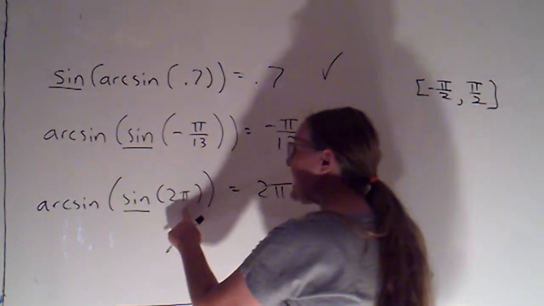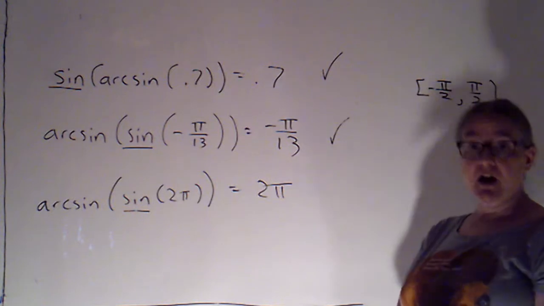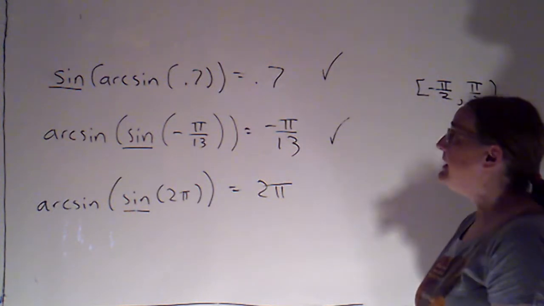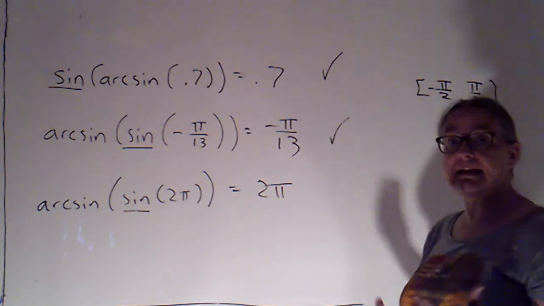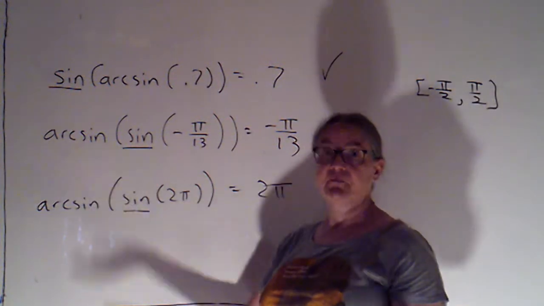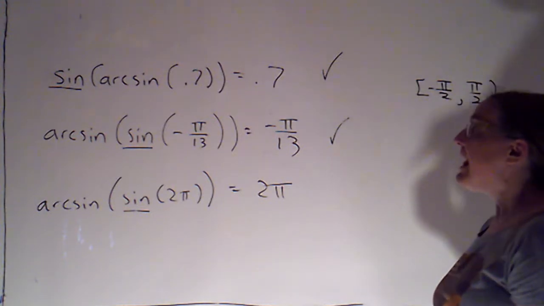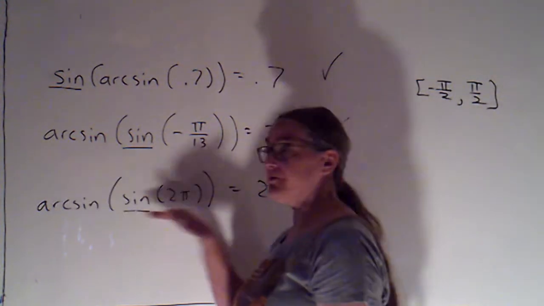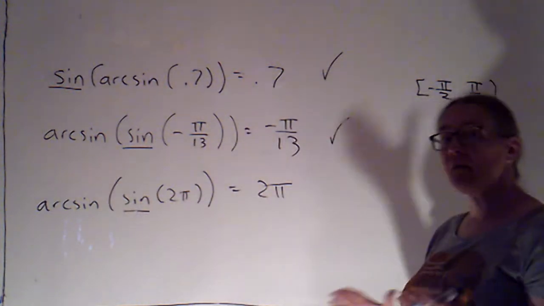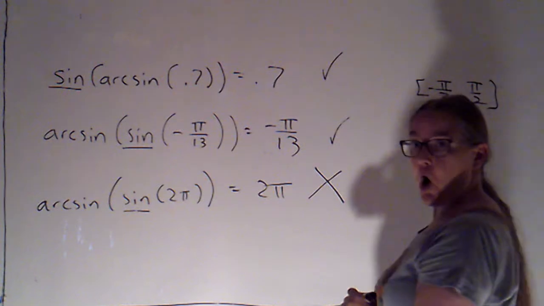So if the angle I'm plugging into sine, and this will apply for our other trig functions as well, is not in the range of the inverse trig function, which corresponds with the restricted domain of the trig function, then I'm not composing inverse functions. And then I would have to do this one piece at a time. So this one was wrong.